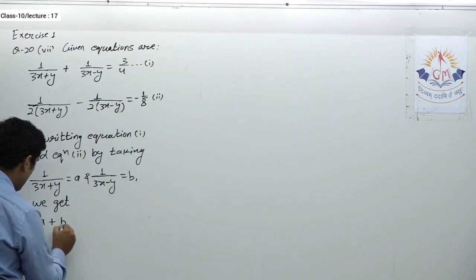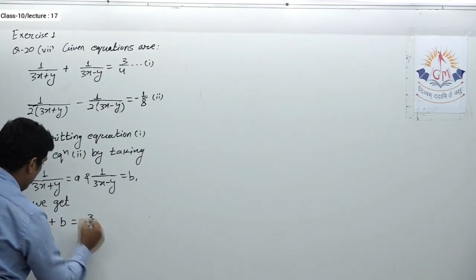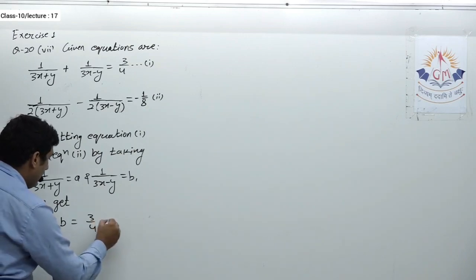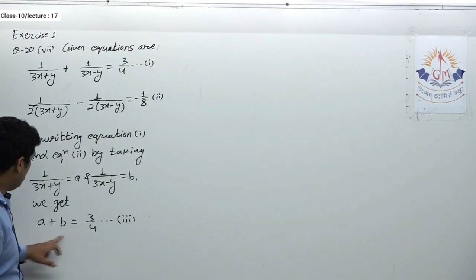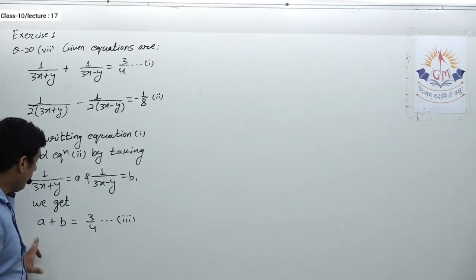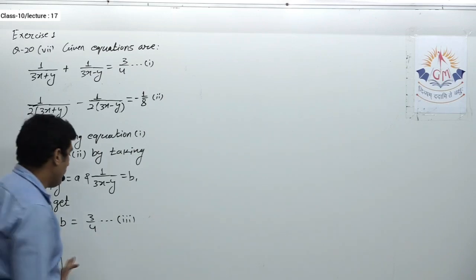Let it be equation number 3. Although it is possible that we simplify this by taking LCM, that is 4a plus 4b equal to 3, that can also be done.